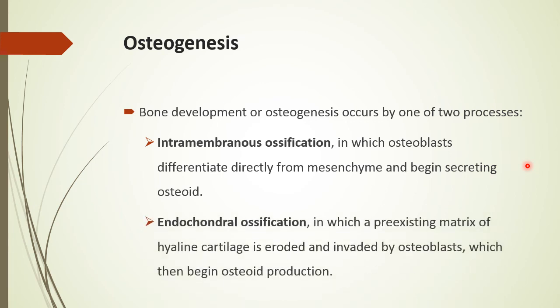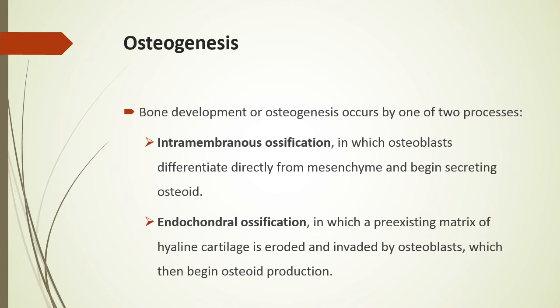The second process is endochondral ossification. From its name, there must be pre-existing hyaline cartilage. The pre-existing hyaline cartilage undergoes erosion and invasion by osteoblasts. Then these osteoblasts begin the osteoid production.